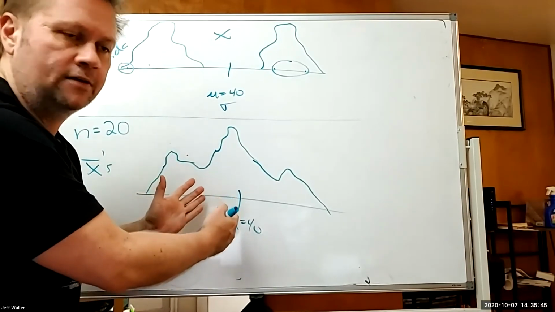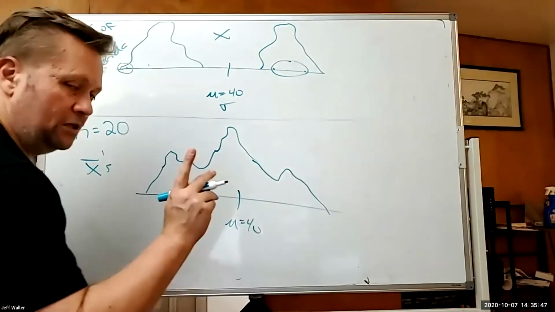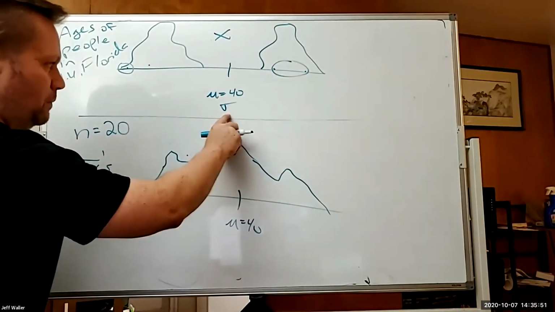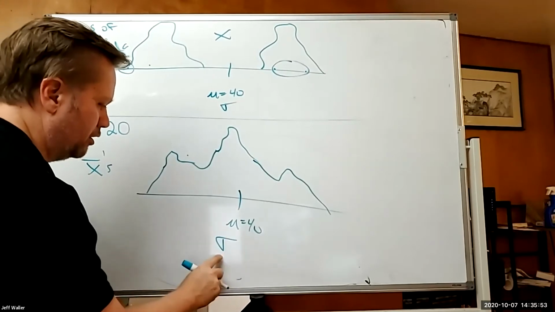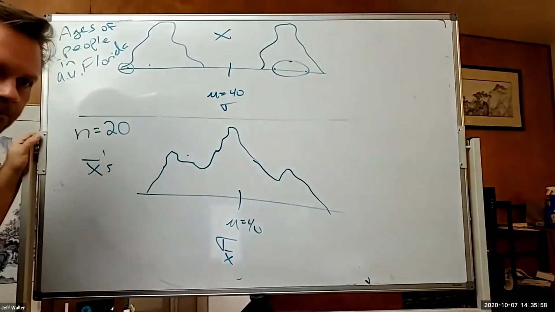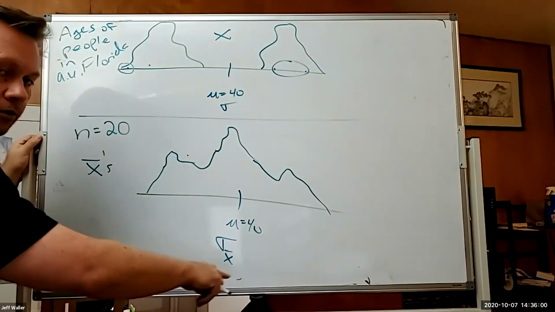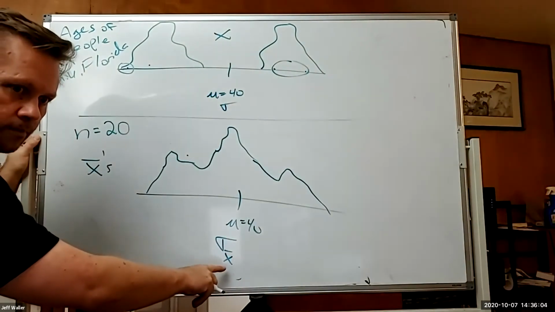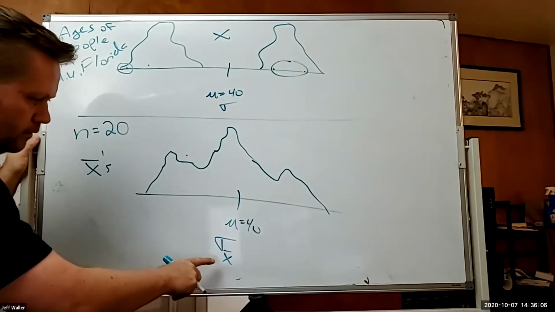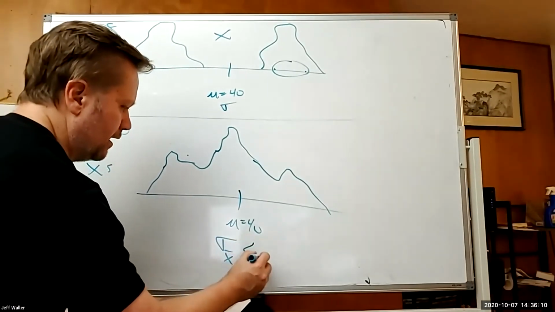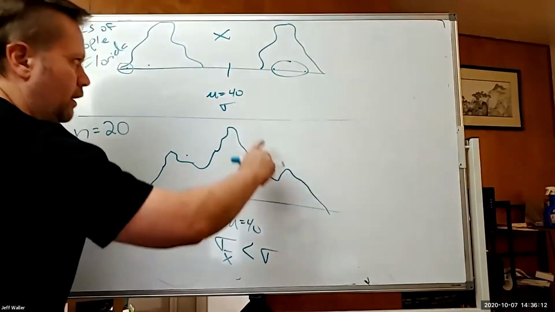This one does. So look what I'm going to do. You ready? I'm not going to use that same symbol. I'm going to use the standard deviation of the sample means. That is one symbol. That's a little subscript. So the standard deviation of the sample means will be less than the standard deviation of the population.